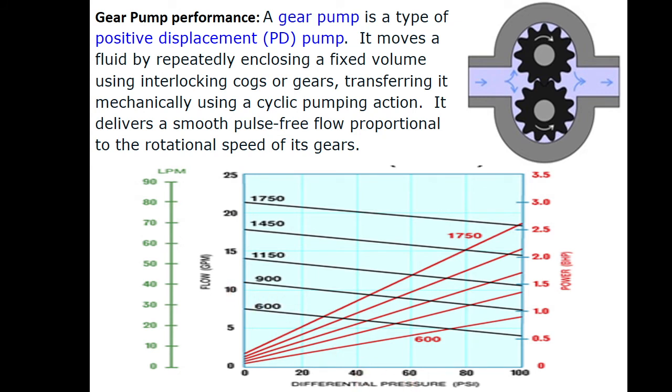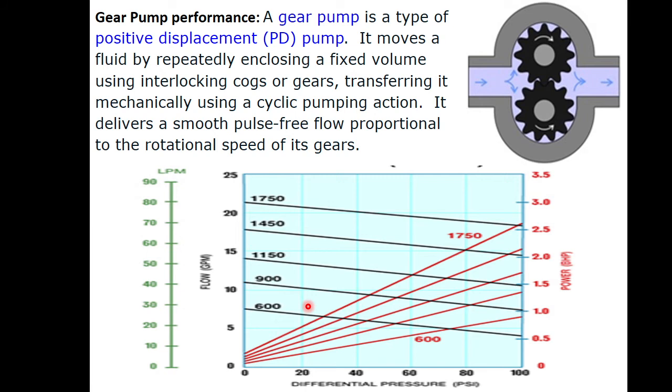There are different types of displacement pumps, and for different pumps you will get different types of curves. These are the curves for different speeds. With speed, your flow rate will increase. This is true for every positive displacement pump. You increase the speed, flow rate will increase.